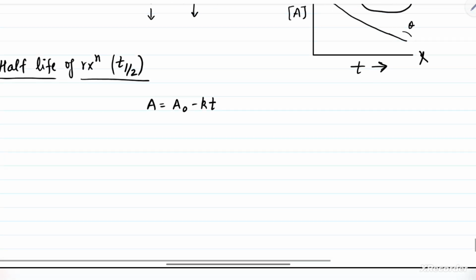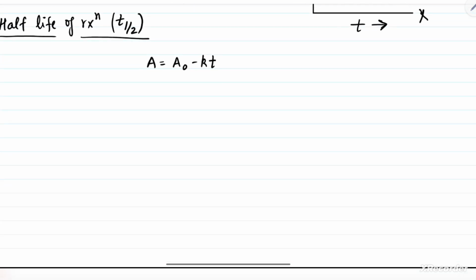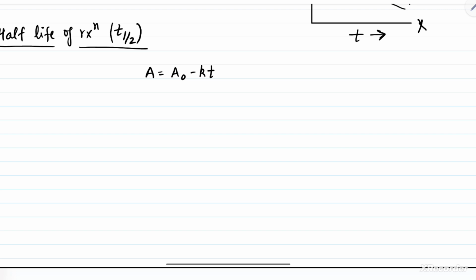So basically, when we are calculating t half, this t is going to be t half. That means at t half, what will A be? A is the remaining concentration. So at t half, the half-life, the remaining concentration is going to be half of the initial one.